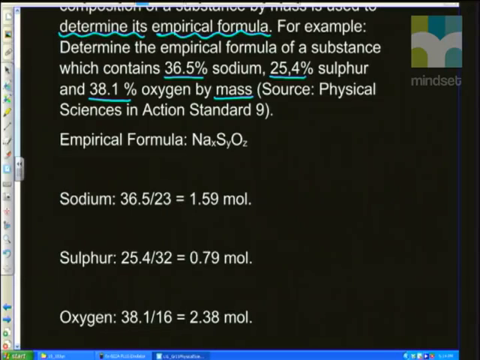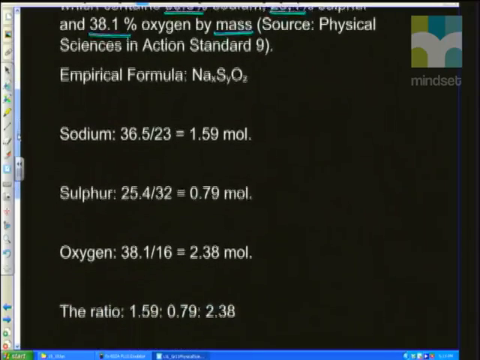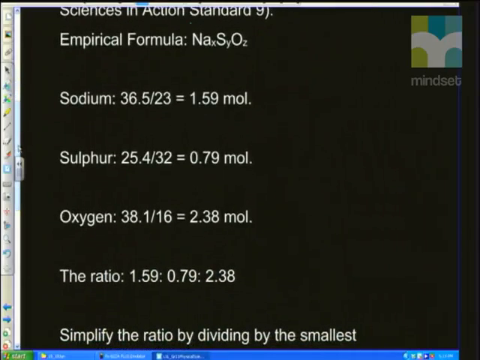Okay, and when we do that, because our compound contains sodium, sulfur, and oxygen, but we don't know what the values are, we just say X, Y, Z. So for sodium, it's 36.5%, so it's 36.5 grams divided by the molar mass of sodium, 23. It gives us 1.59.